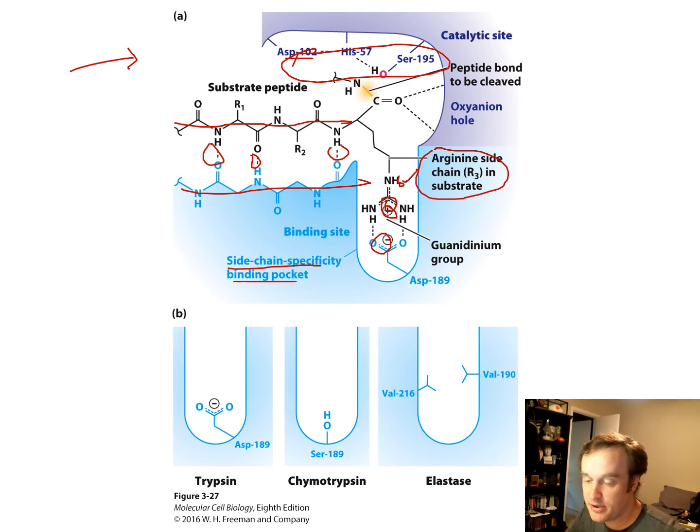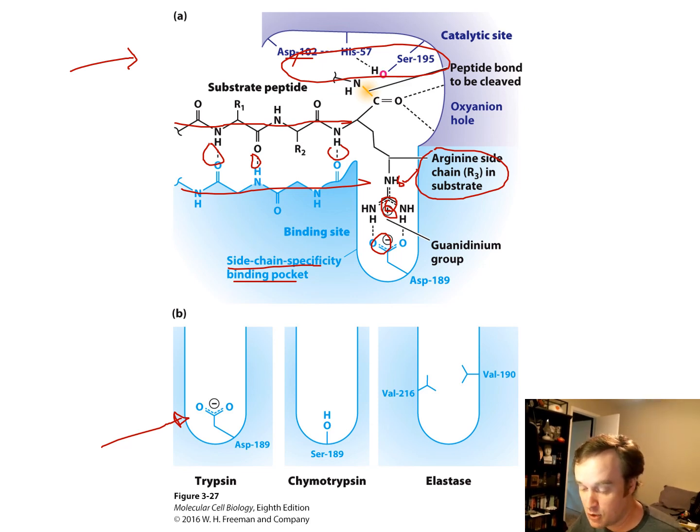So in the previous slide we talked about how there are differences in these enzymes in your stomach based on what they break apart. And so in the first case here, for trypsin, we have a pocket that binds positively charged arginine and lysine side chains.